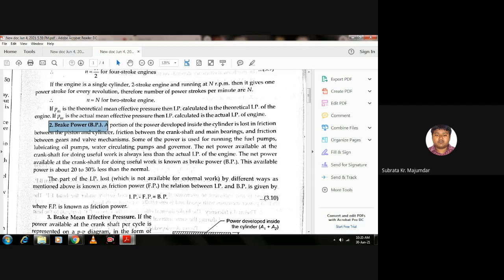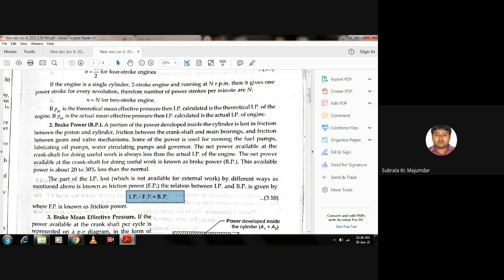So we can write: brake power equals indicated power minus frictional power. Look at the equation. Brake power BP equals indicated power IP minus FP, that is, indicated power minus frictional power equals brake power. Some of the power is also used for running the fuel pump, lubricating oil pumps, water circulating pumps, and governor.